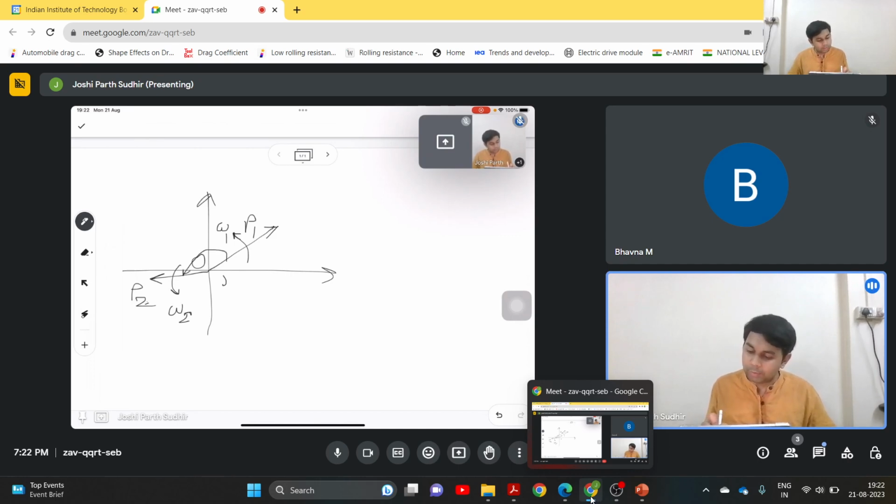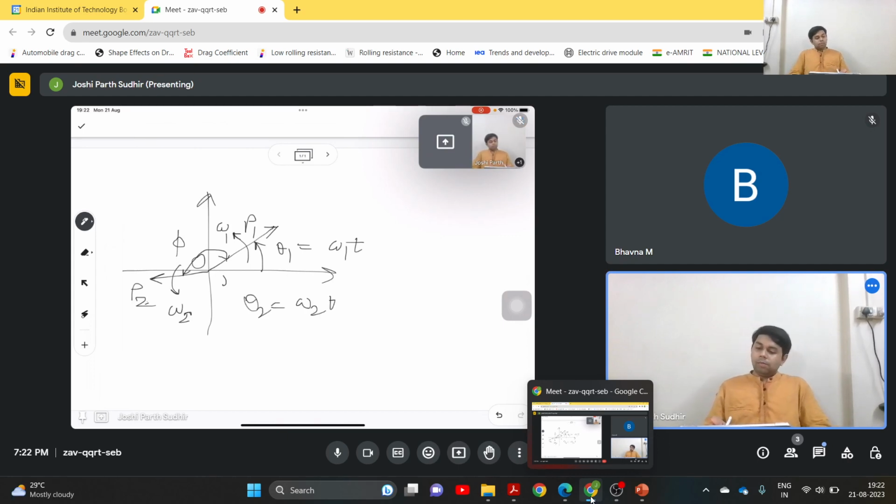So the angle theta 1 is basically omega 1 t, and this theta 2 is basically omega 2 t.